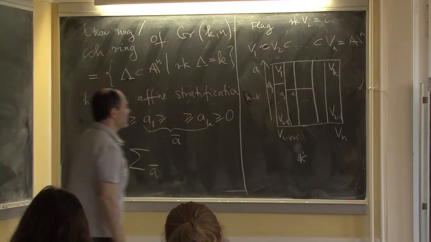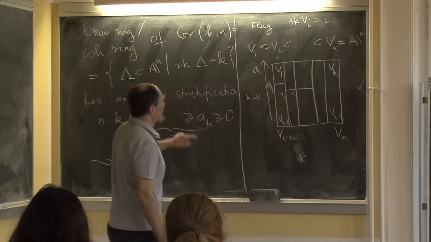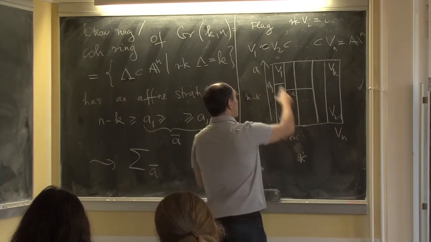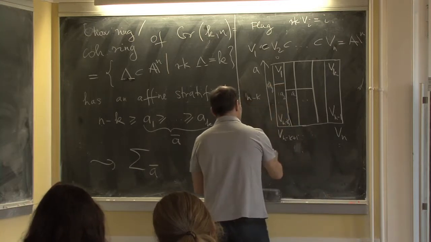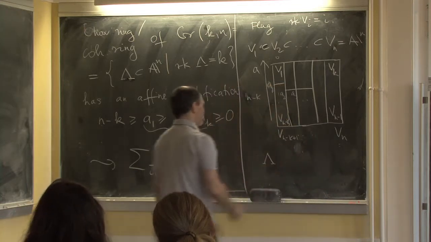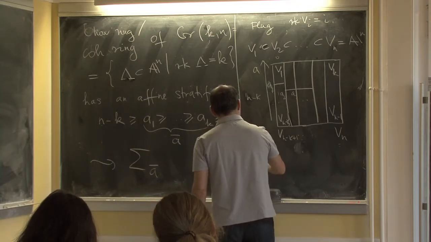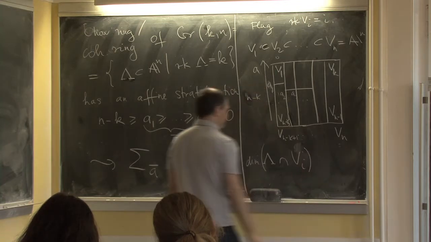And then what this diagram will tell you is, a priori, if you look at a random lambda, and of course what we are studying is the dimension of the intersection with some of these VIs.